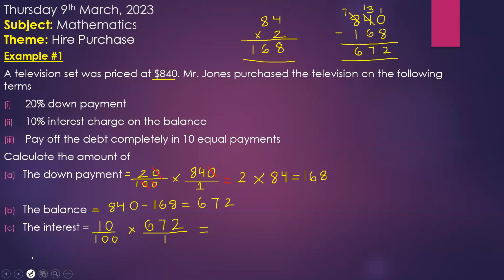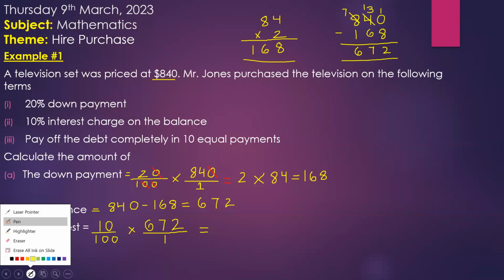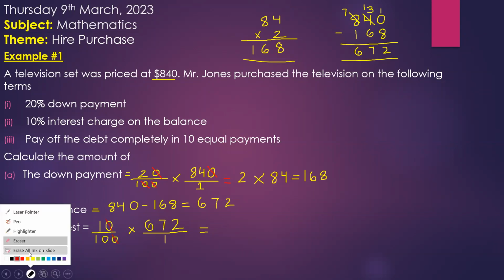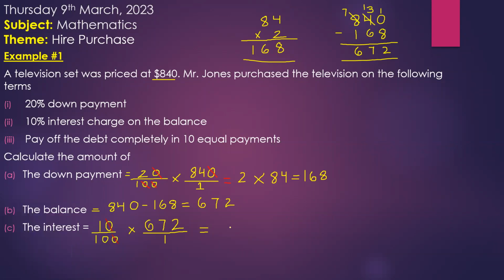Yeah, the 10 and the 100. So cancel that 0, cancel that 0. We're left with 1 over 10 multiplied by 672 over 1.